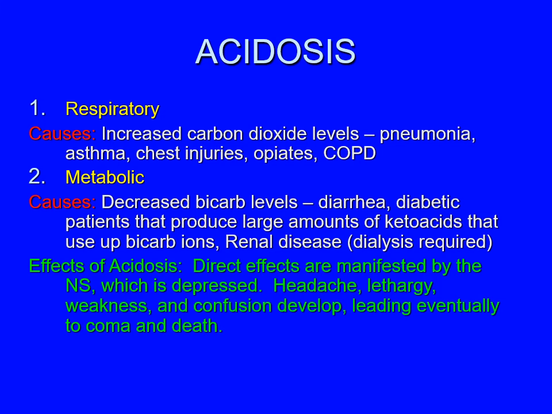So, respiratory acidosis causes increased carbon dioxide levels: pneumonia, asthma, chest injury, opiates, COPD. Metabolic acidosis, decreased bicarb levels: diarrhea, diabetic patients that produce large amounts of keto acids that use up bicarb ions, renal disease, and possibly dialysis is required.